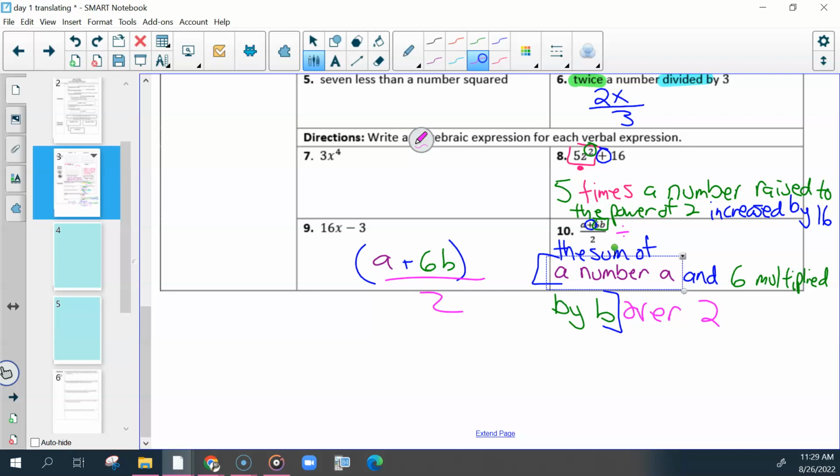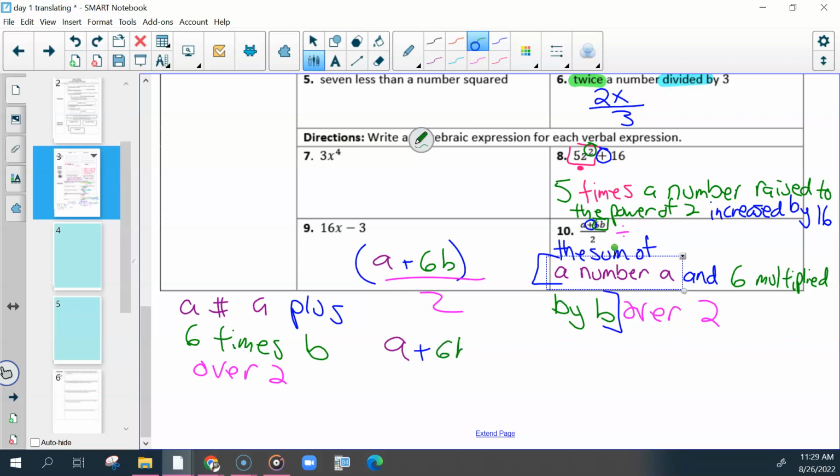So, just so you see what I'm saying really fast. Number A, I'm using just A instead of number, but it's the same thing. Plus, and I'm shortening this also. If we had just written it like this, this would be A plus 6B, where just 6B is over 2 and not the entire thing.